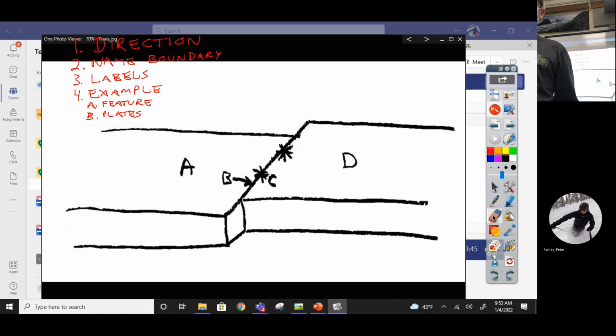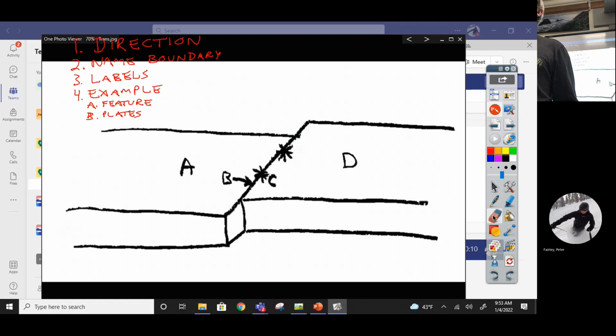3A and D are both any kind of crust. You could put oceanic, you could put continental. B is the fault, and C are the earthquakes that occur when these slide past each other. And our best example for number 4 is the North American plate and the Pacific plate.